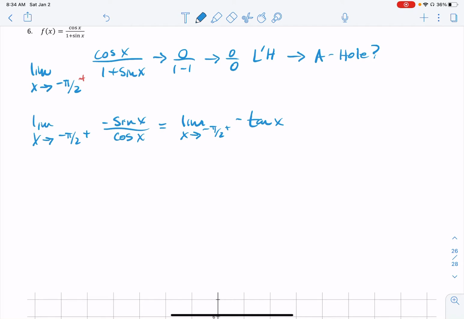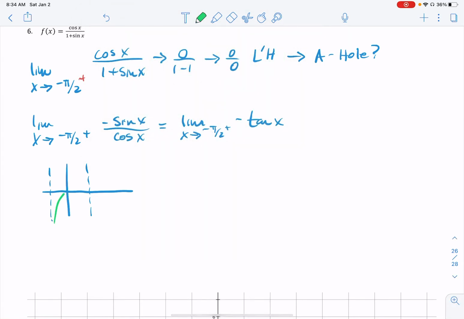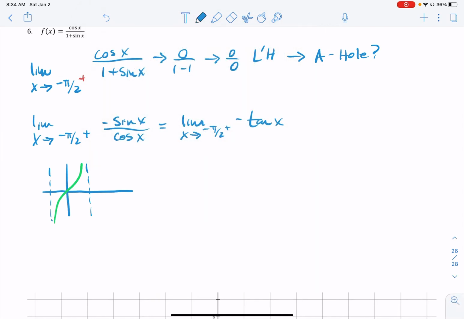Let's take a look at the graph of tangent. We're talking about negative pi over 2, which is this asymptote here, and we're approaching it from the right-hand side.